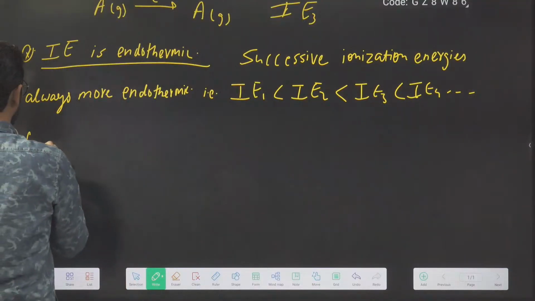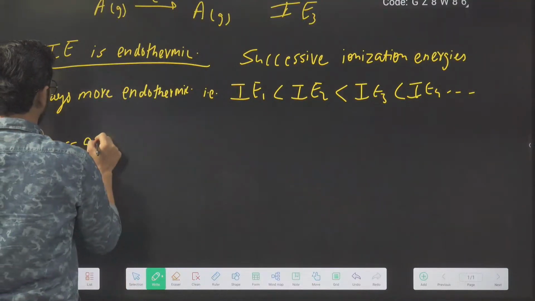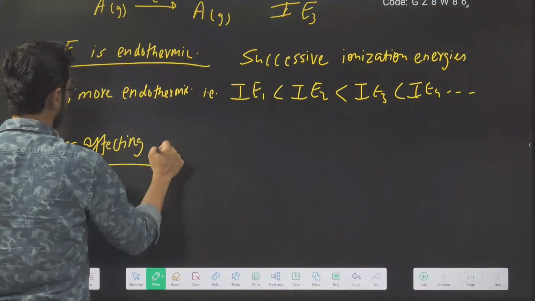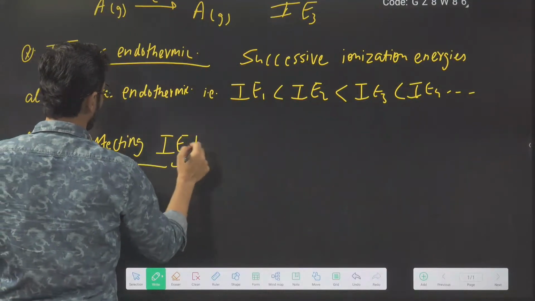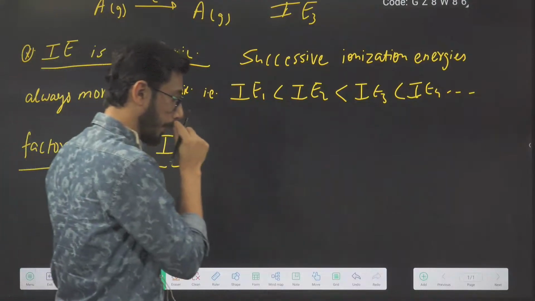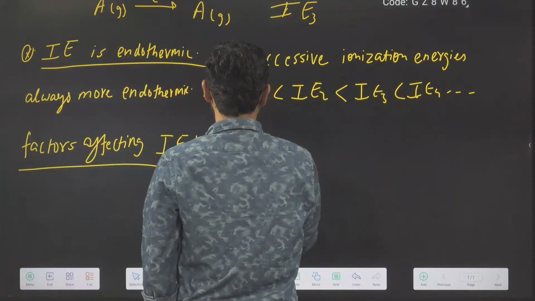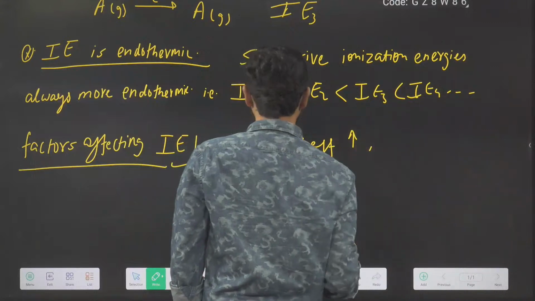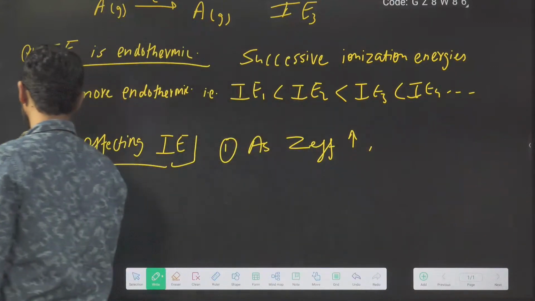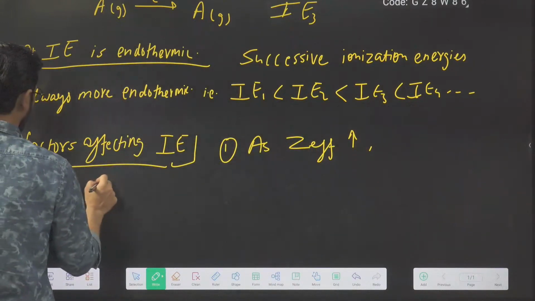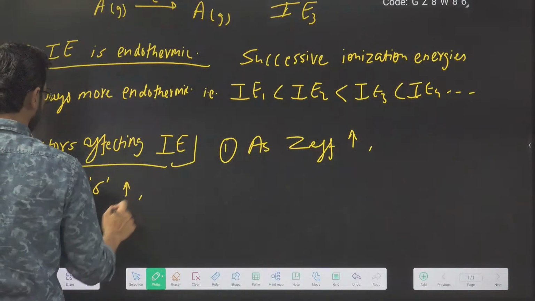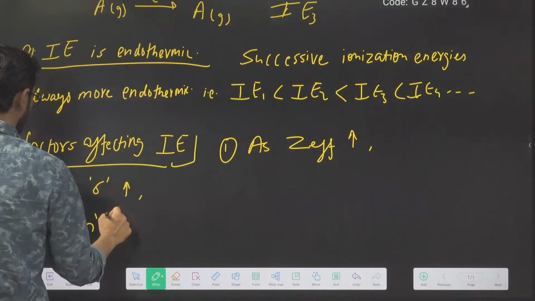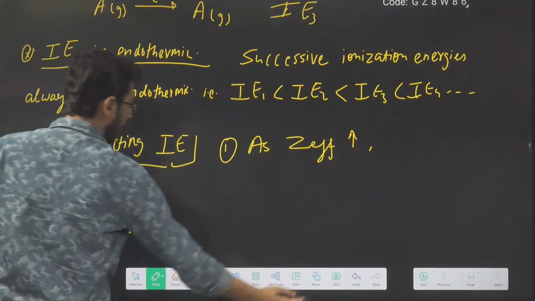Now, which factors we can relate? First factor, as usual, Z effective. Z effective increases. Second, shielding factor. Shell size increases.